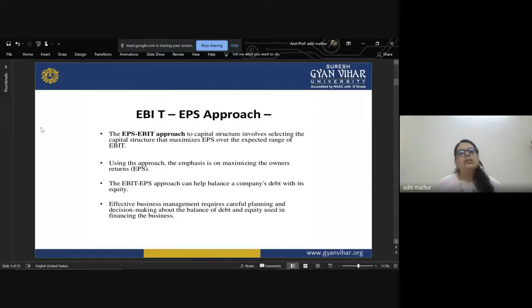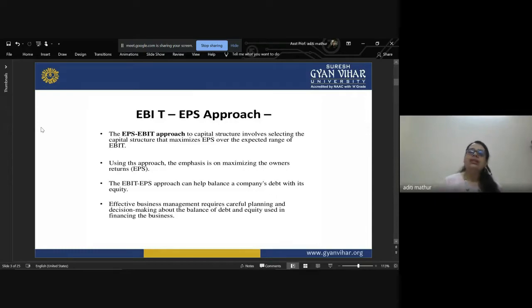The EBIT EPS approach to capital structure involves selecting the capital structure that has the maximum EPS over the expected range of EBITs.